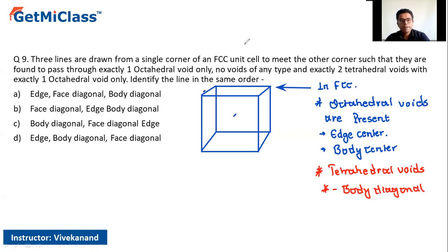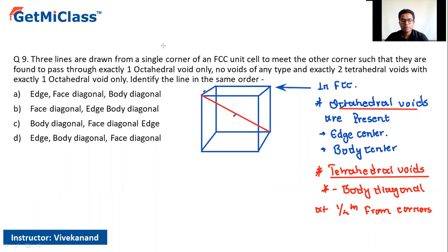So therefore, if we consider this particular point to be a body diagonal over here, the tetrahedral voids are present at a distance of 1/4 from the corners. Okay, so we have the tetrahedral voids, we have the octahedral voids.